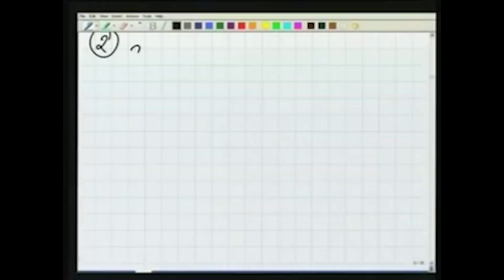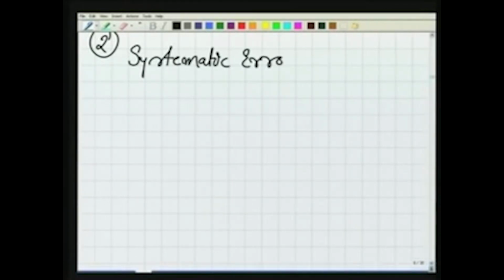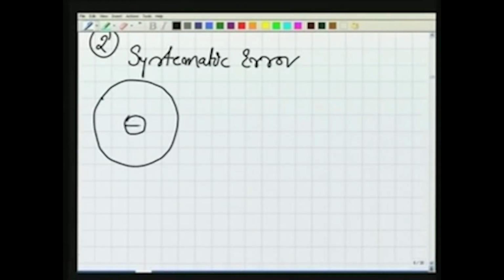Well, the second classification of error, the second one, we say systematic error. Systematic error. Now what happens in this case? The same example of the target here. Well, the bullseye, you are trying to fire here.